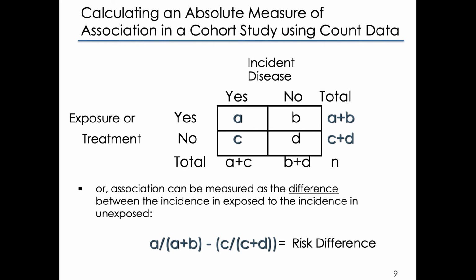So in both cases, we're going to calculate the incidence in the exposed or treated, and the incidence or risk in the untreated or unexposed. So those two quantities would be A over A plus B, and then C over C plus D. Those would be the two separate risks. And this time, instead of taking the ratio by dividing them, we're going to subtract and get the difference. So that's going to give us the risk difference.